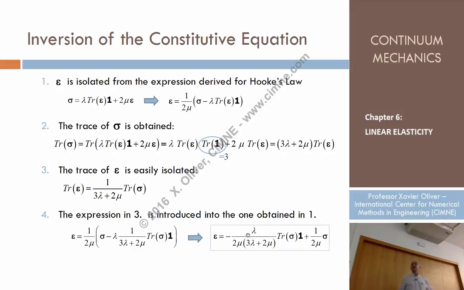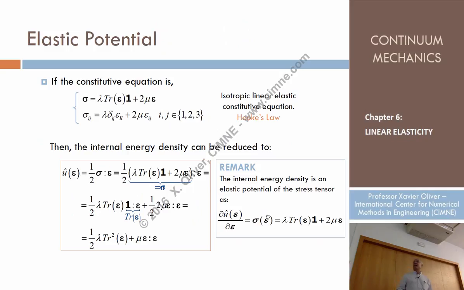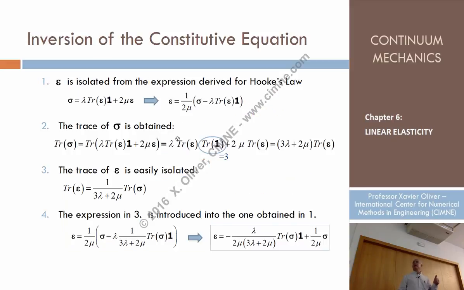So this is the inverse elastic constitutive equation. If that was the equation that provides the stresses in terms of the strains as one term that multiplies the unit tensor plus one factor that multiplies the strains, now we obtain the strains as one term that multiplies the unit tensor plus one factor that multiplies the stresses.